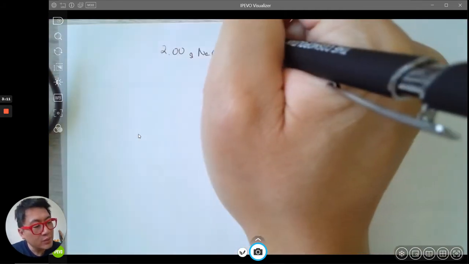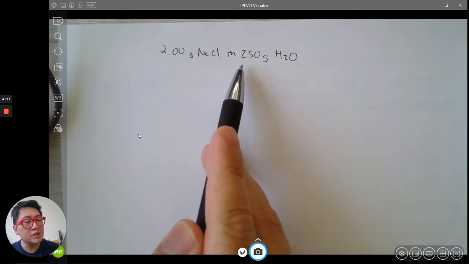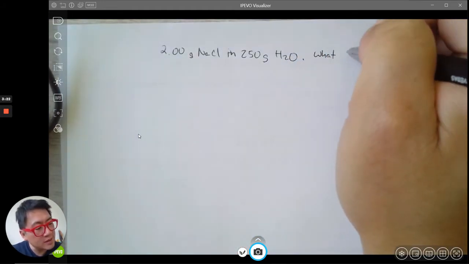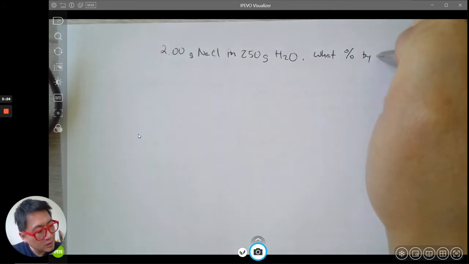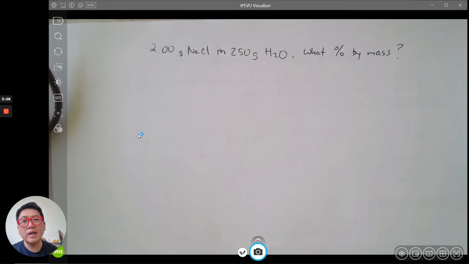When we say we're dissolving 2 grams of salt in 250 grams of water, what is the percent by mass?